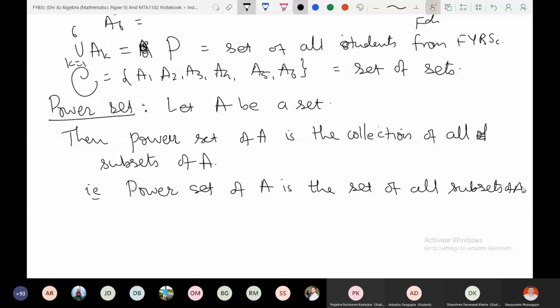But what are the objects in this set? Objects in the set are sets. When we say set of all students in A division, what are the objects? Individual students. Right. So an individual student is the object. But when we say the set of all divisions, what is the object? One division is the object, and the object itself is a set in that case.